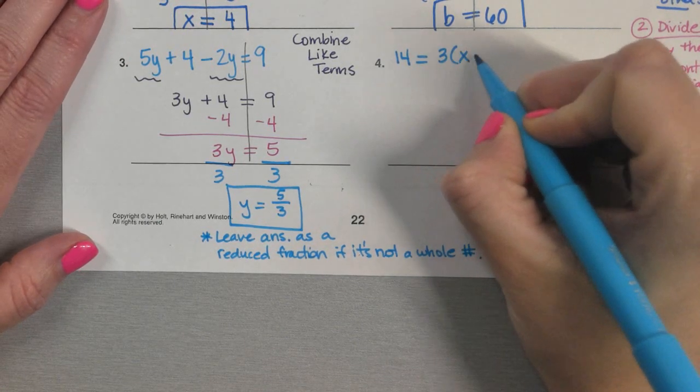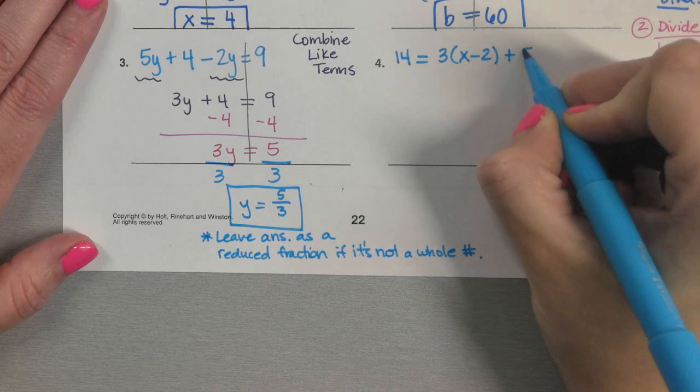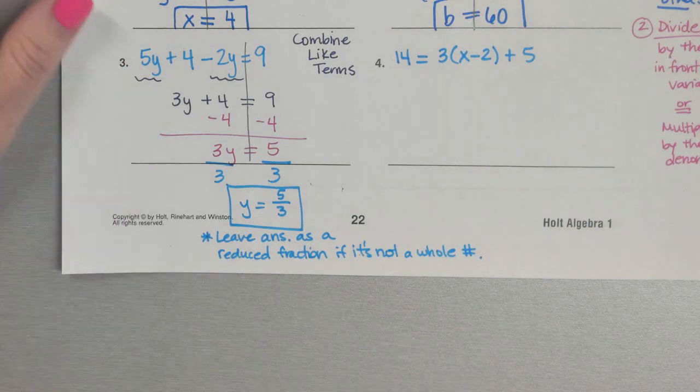All right, this is the last type we're going to do today. I want you to think about it before you do it. Okay, so do you guys have any ideas of what we want to do first for this one?